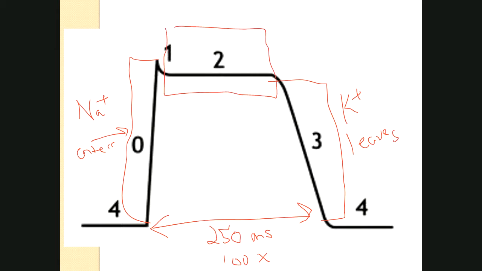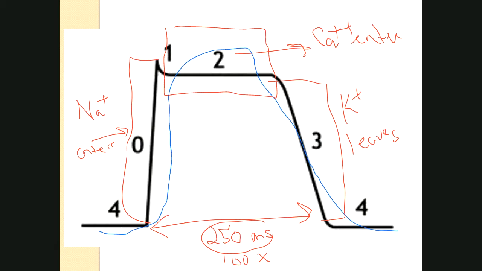What is this? Calcium enters. And because it takes so long, 250 milliseconds, the action potential actually lasts longer than the contraction. Here's a contraction. And the contraction is basically over with before the action potential is over with.